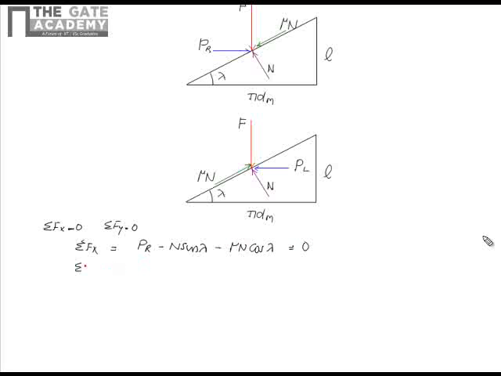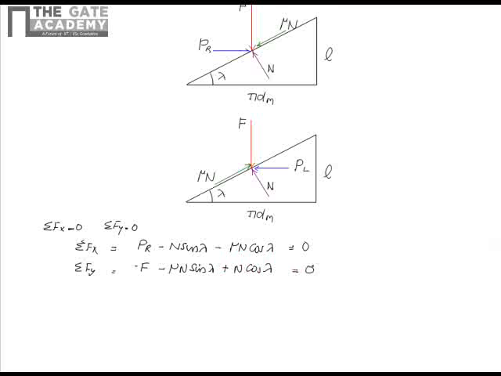Sigma Fy will be equal to minus F, since it is acting in the downward direction, minus mu n sin lambda plus n cos lambda equals 0.